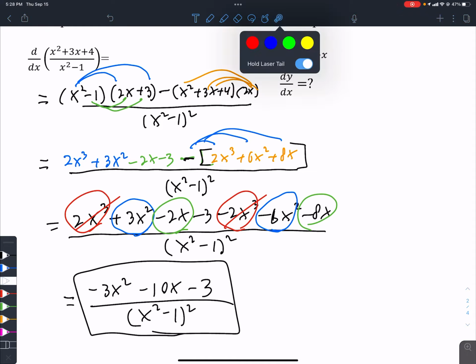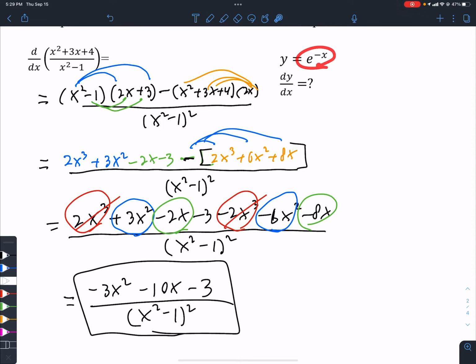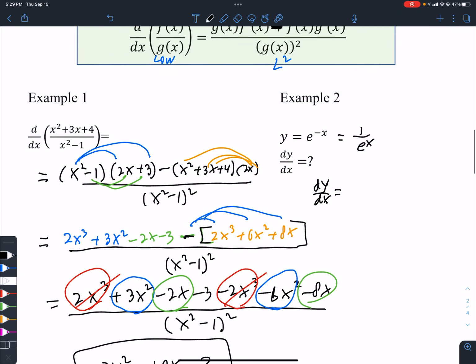All right, this one's weird. When we do the section 3.6 chain rule, there's a shorter way of doing this, but as of now, there's really no shorter way, so I rewrite that as 1 over e to the x. I have a quotient. There's a function, there's a function. So I can do my low d high minus high d low over low squared deal. So the derivative of y with respect to x, let's look at this pattern here.